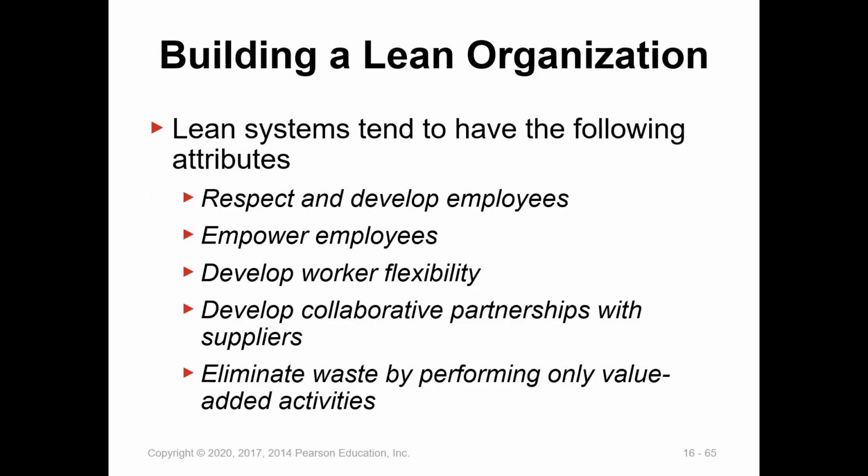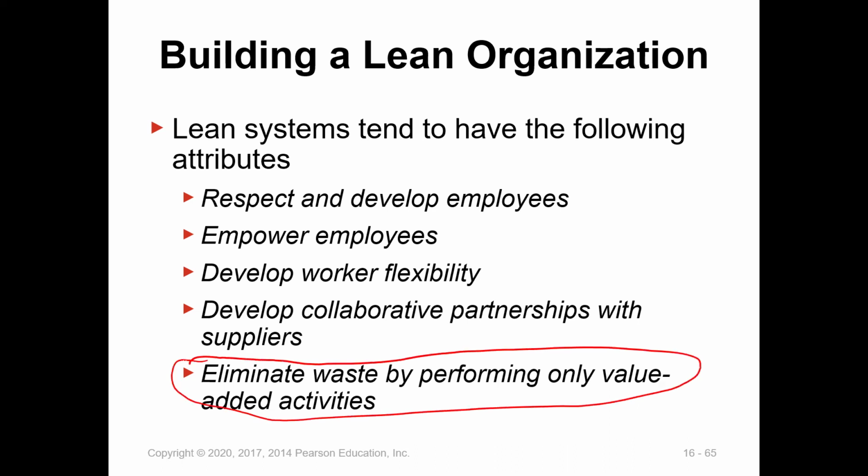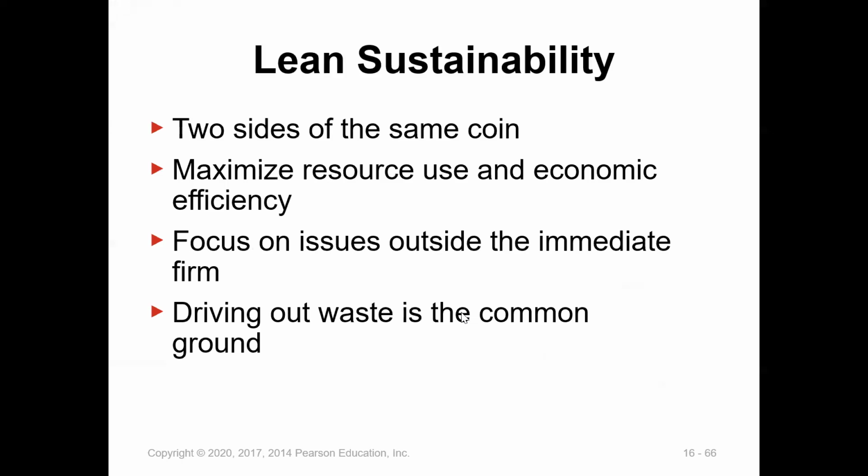Lean systems tend to have the following attributes: respect, empower, develop, work flexibility, develop collaboration, eliminate waste. That's the most important item. Two sides of the same coin when we say lean and sustainability. Maximize resource use and economic benefit.